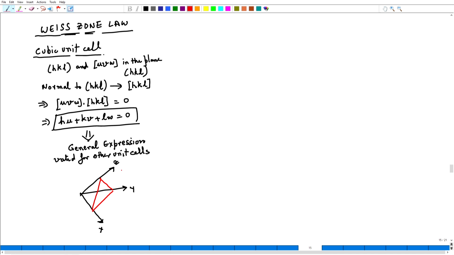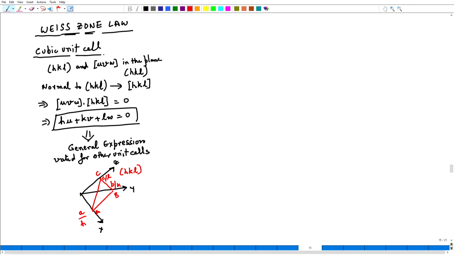I have an HKL plane here, but this time it is not in a cubic unit cell, it can be in any unit cell. But again, the intercepts of this plane HKL would be A by H with the X axis, B by K with the Y axis, and C by L with the Z axis.